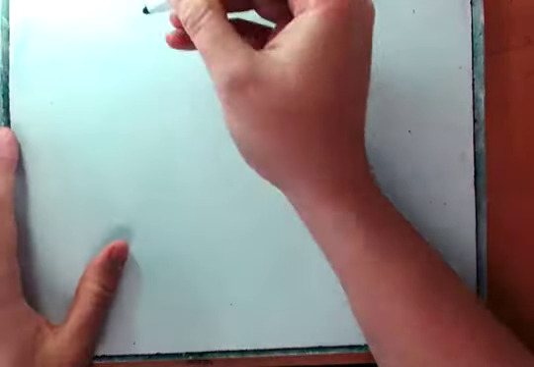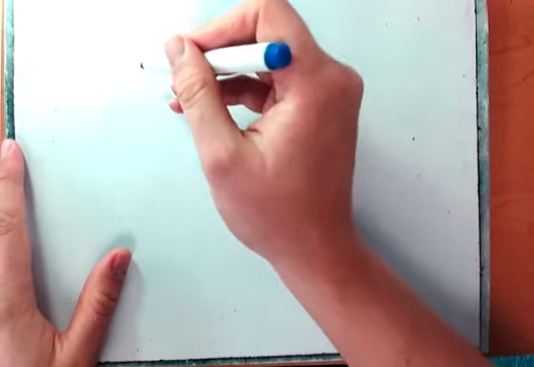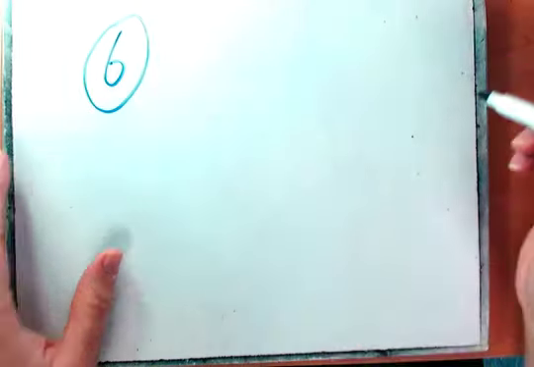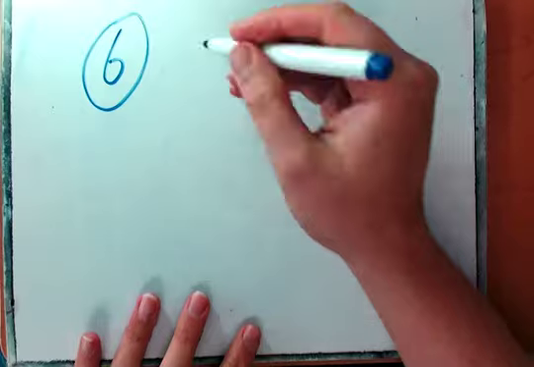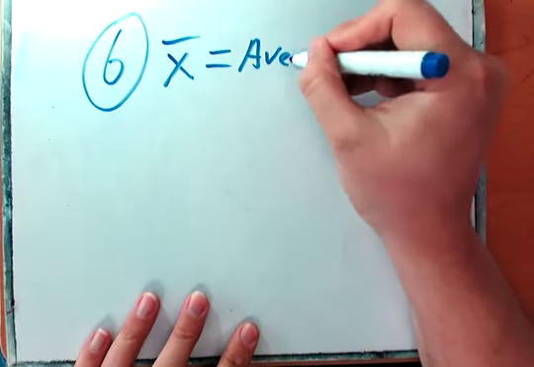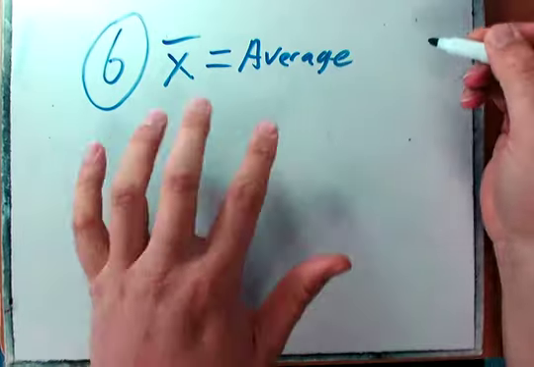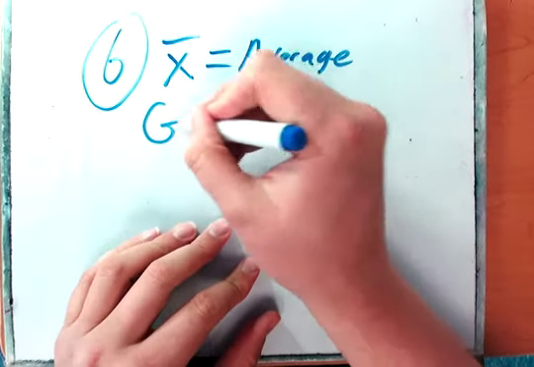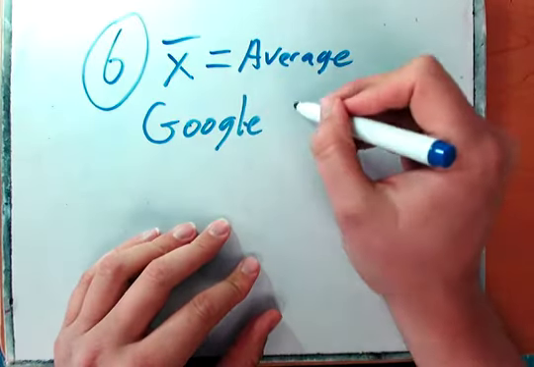So the second set of questions, we'll go one at a time here. So 6 for x bar, this is the average. And we're at a point now where everyone should be using Google Sheets.